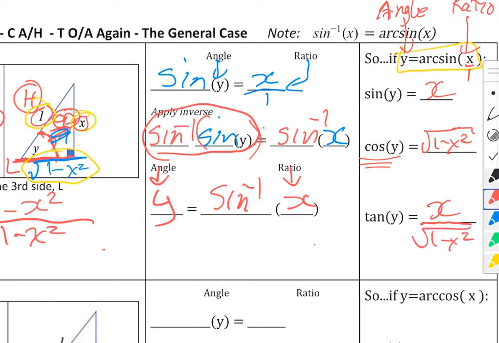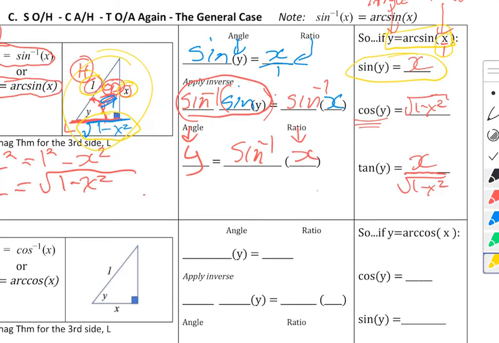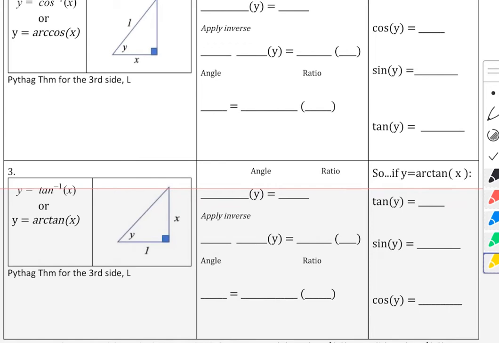So again, if and only if y is equal to arc sine of x, which means the ratio is x over 1 for sine, automatically that's x because it's x over 1, then I get these other two from this picture. Okay, we're going to try one more here. I'll do tan, and then I'm going to have you do cos.